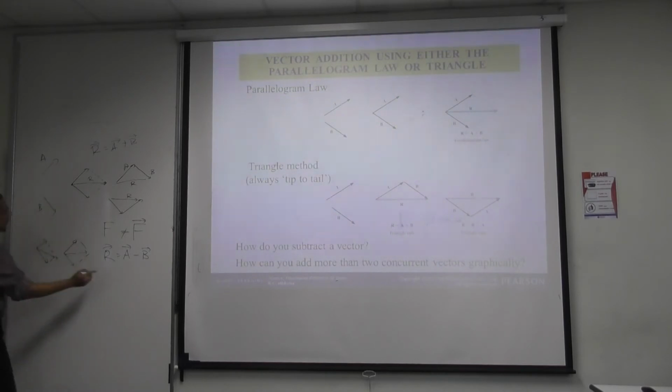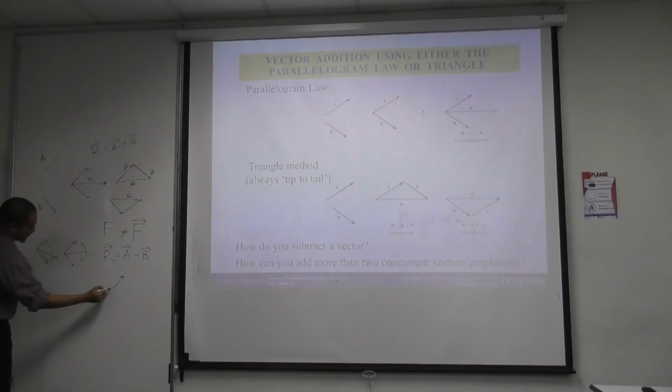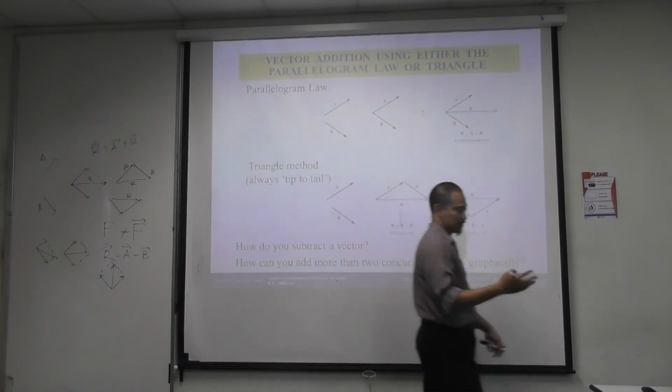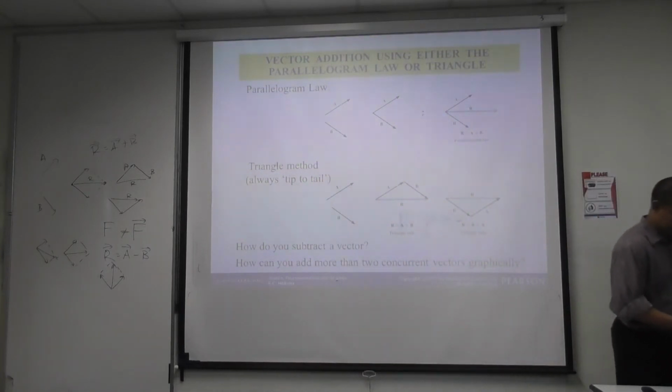Yeah, it's basically just you have A. Then if you use B, the negative B will be like this, right? So if you use the parallelogram, it will be something like that. Yeah, minus B here, right? Right. And if you have A plus 2B or A minus 2B, etc., then you know what to do, right?